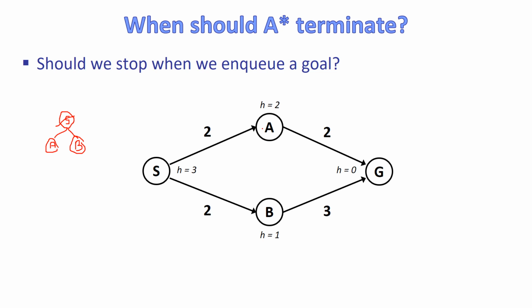No. Backward is from the start state. So the cost from the start state to A is what? Yes. So it will be 2 plus the estimated cost from A to G, because we have H here as 2. So H here is 2 plus this 2. Okay. So the cost for A will be 4.